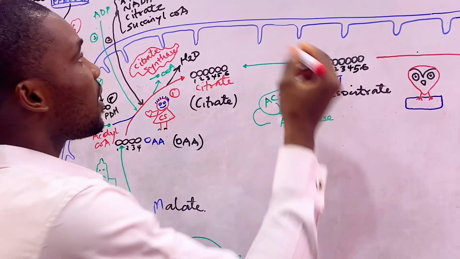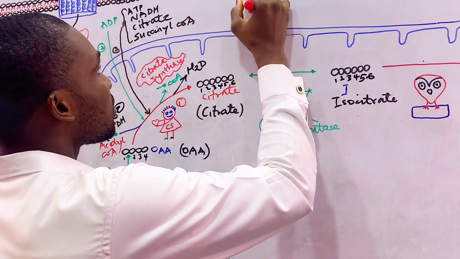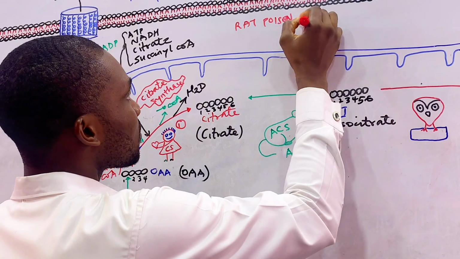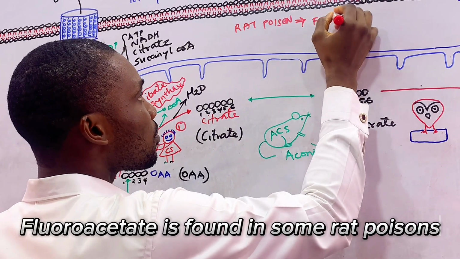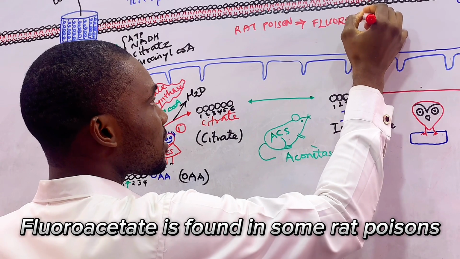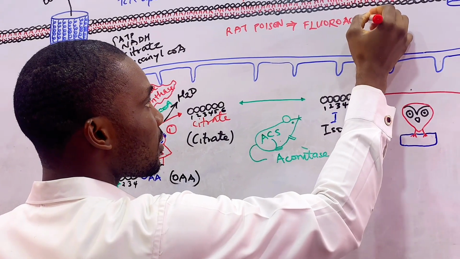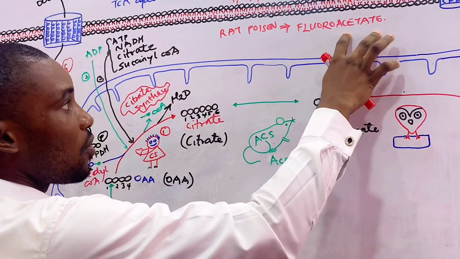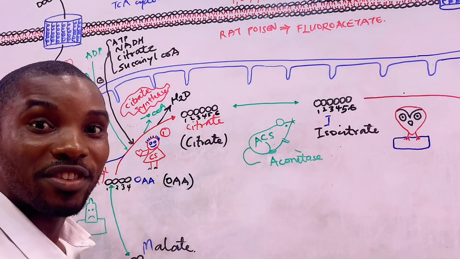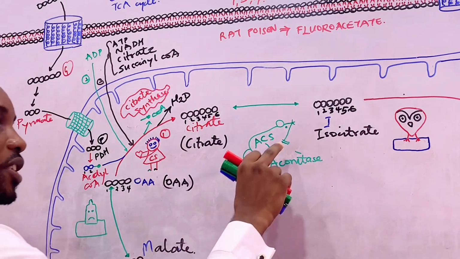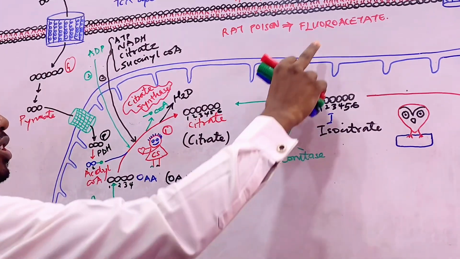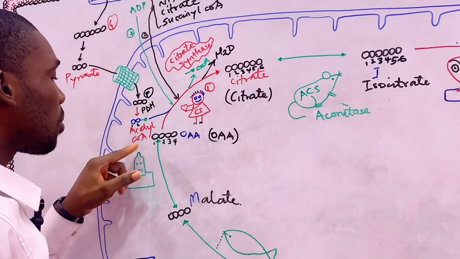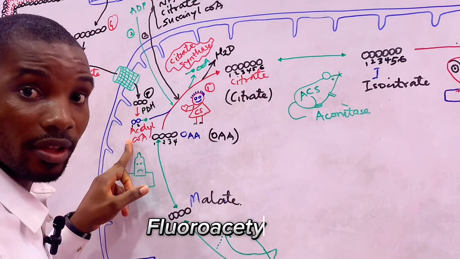Okay? Now, there's something important about this enzyme. There is a substance found in rat poison called fluoroacetate. Now, we want to kill these rats. Okay, we would give fluoroacetate, and this fluoroacetate would be acted upon to form fluoroacetyl-CoA.